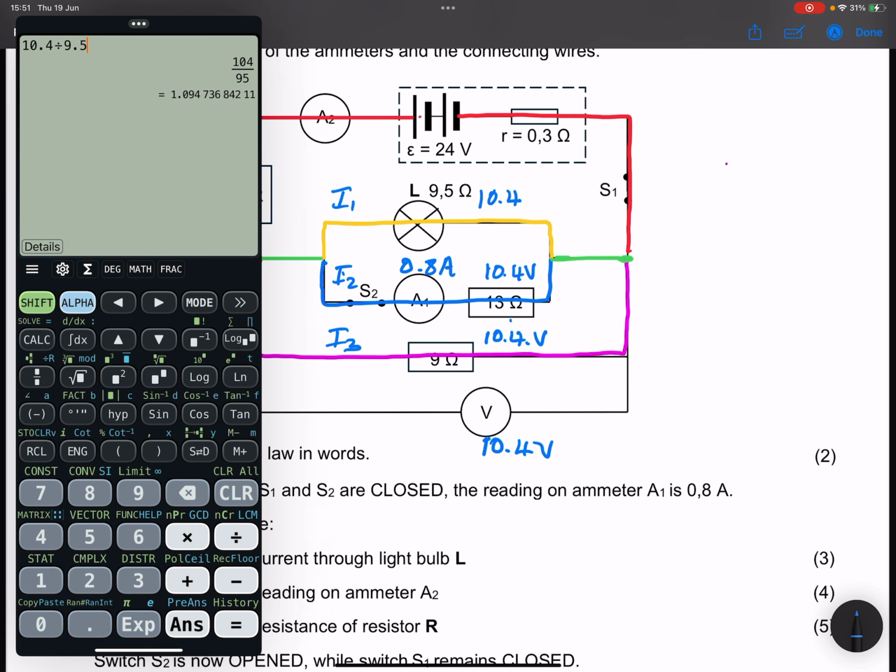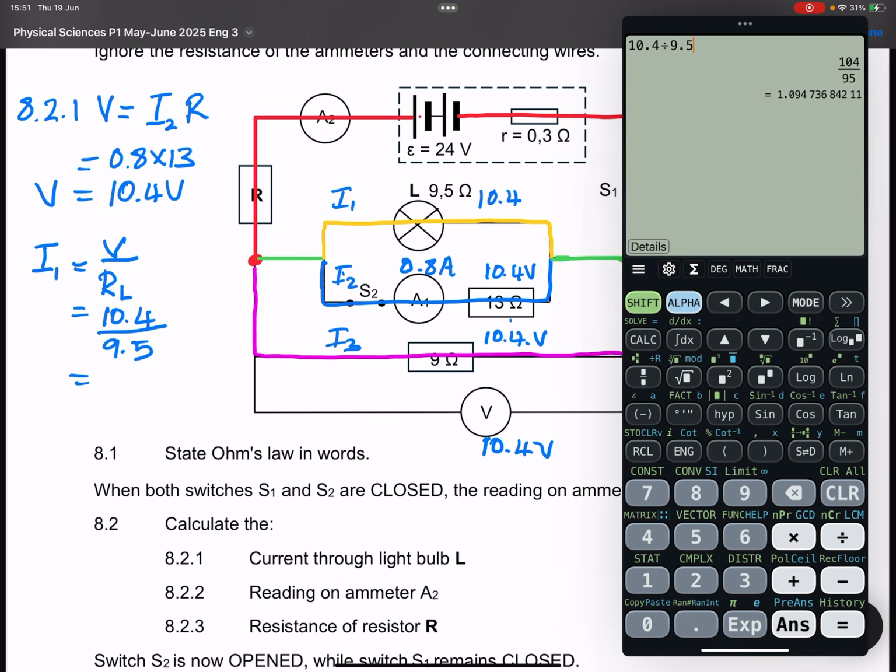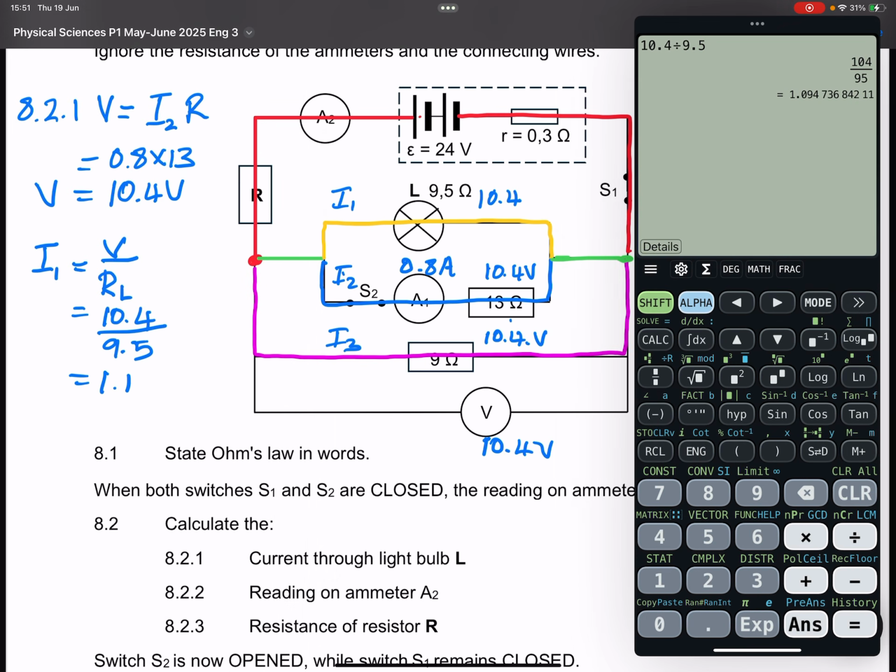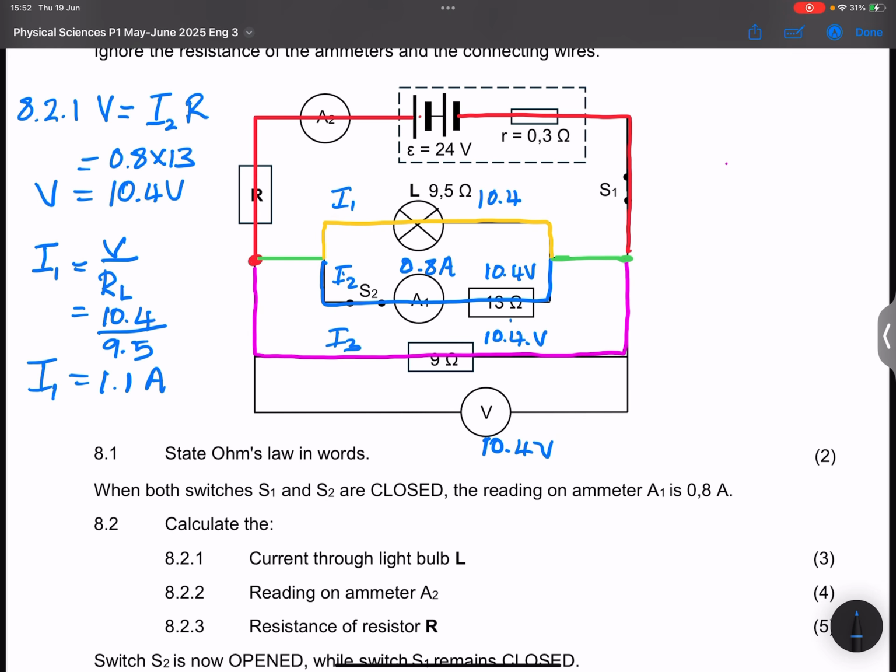Shall we say that's going to be 1.1? If you don't mind, I'm just going to round that off. Let's make that 1.1 amperes just for ease of use. So that's going to be our current that passes through light bulb L.